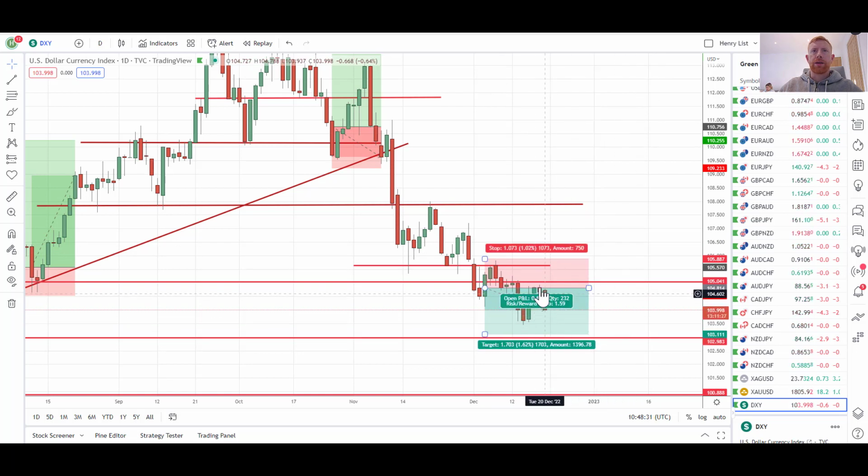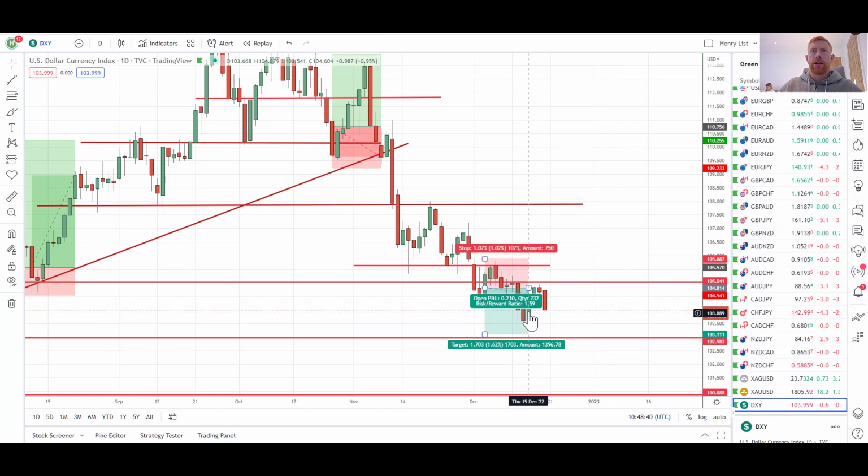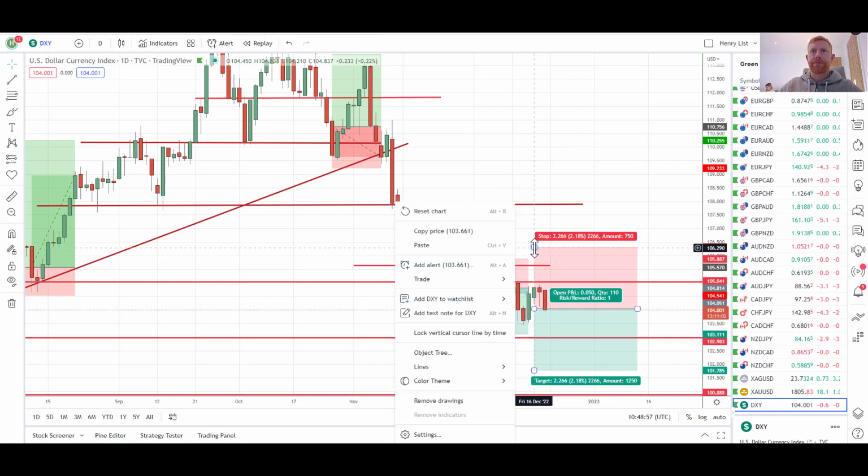Now at this particular point, we did have a pullback and there were entries on this, depending on what type of trader you are. You have 1, 2, 3 bars going back. So this is a higher high, so there's the 3 bars going back. So this is a daily phase 2, which means we could have jumped in on this as a short on the daily chart if we had wanted to.